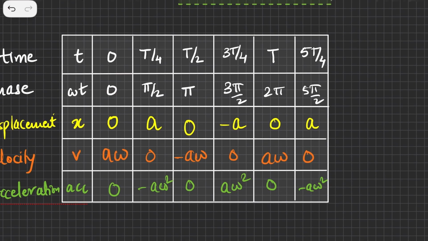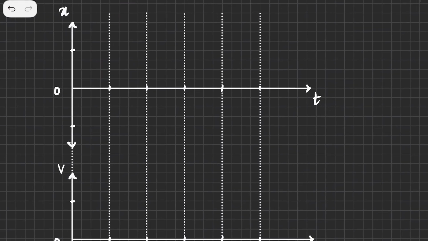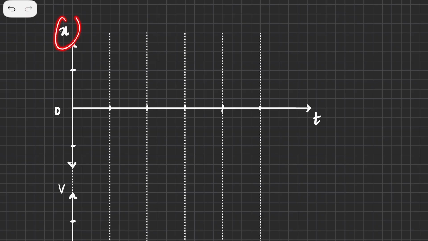Today we are supposed to plot the displacement time graph, velocity time graph and acceleration time graph. We know that when x is 0 the time is 0, when x is a the time is t by 4, and so on. So I'll plot that graph. I have these grid lines here.